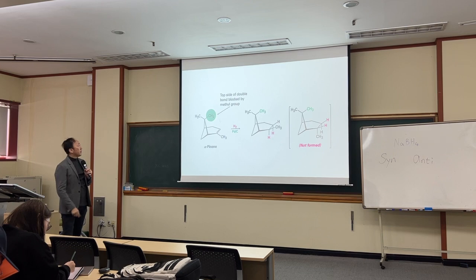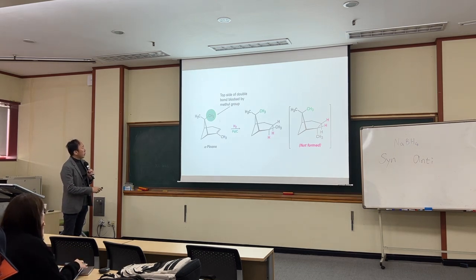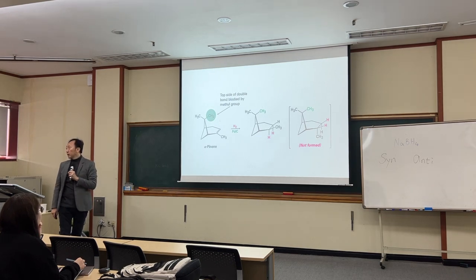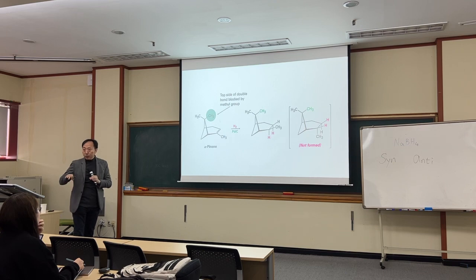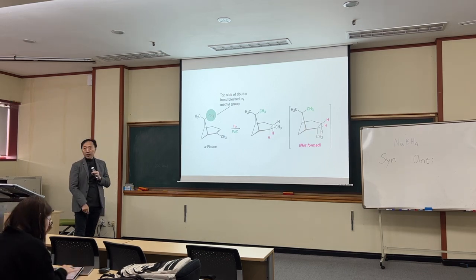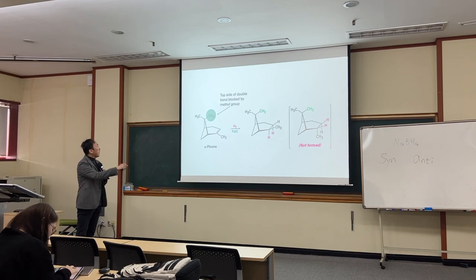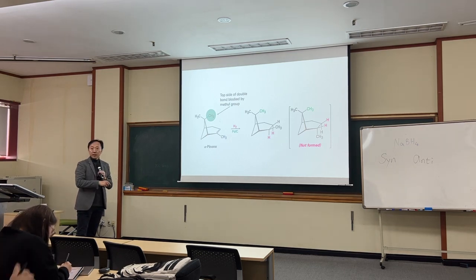And in this case, there is an option of the hydrogen approaching from the top or from the bottom. Even syn has two options, from top or from the bottom. In this case, which side is more accessible to the surface? This side is more open, this side is a little more crowded, and if there is a big metal surface here, maybe it's difficult to access this direction, maybe easier from this direction.